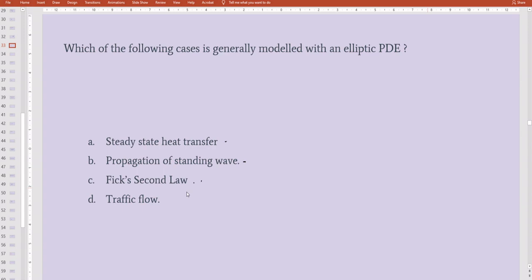So what is this elliptic PDE? This is one particular classification of a partial differential equation.